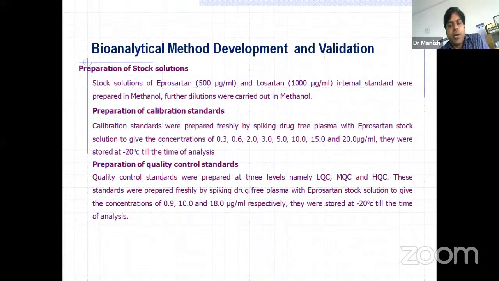These three quality control standards should be prepared within the calibration range. The minimum number of calibration standards is 5, so we need to prepare more than 5 according to the US FDA guideline. Parallelly, we need to prepare quality control standards, and internal standards should be added.